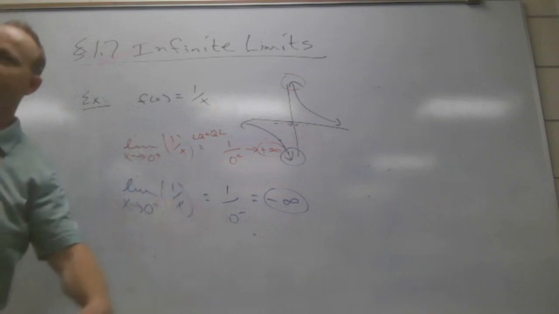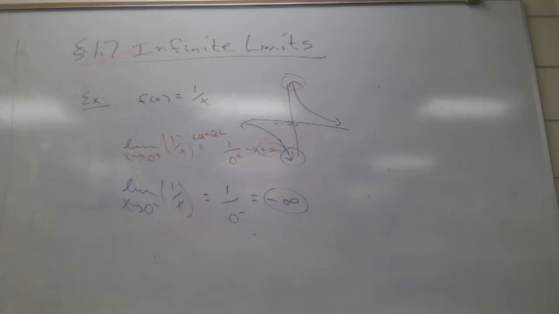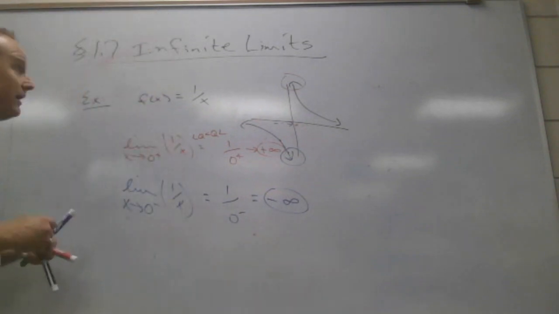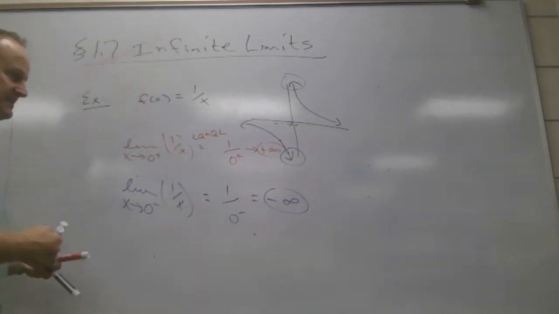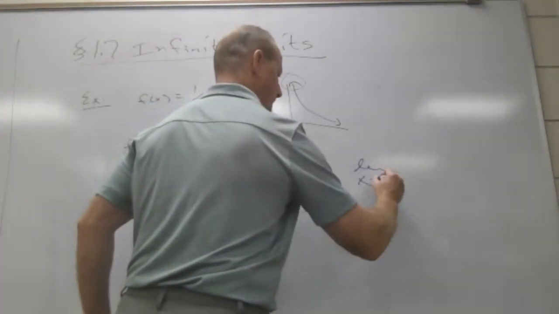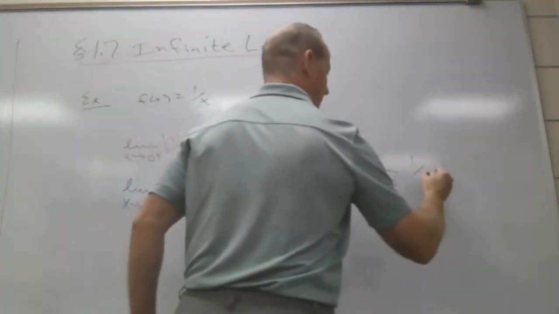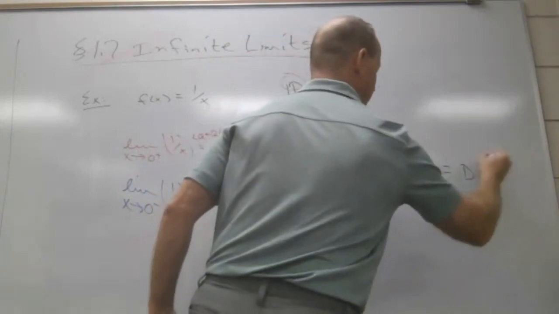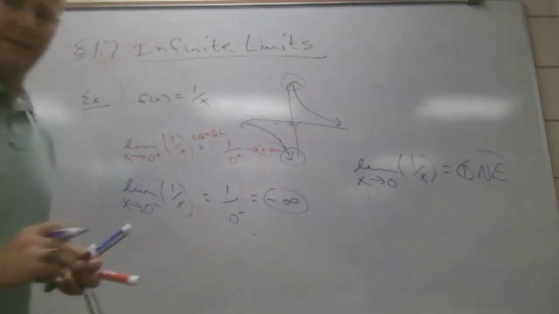If I plug in negative 1/10, you get negative 10; negative 1/100th, you get negative 100; negative 1/1000th, you get negative 1,000. It goes without bound. So what is the limit as x approaches 0 from both sides of 1/x? It does not exist, because the left-handed limit does not equal the right-handed limit.